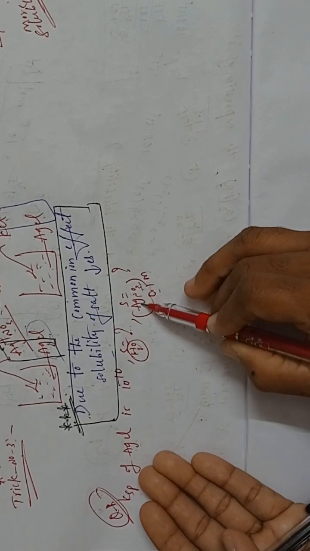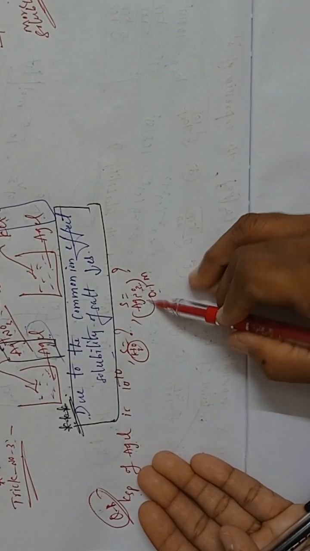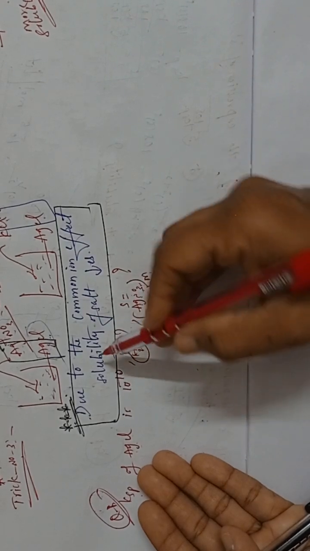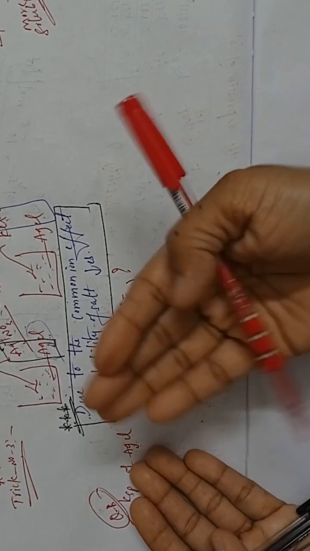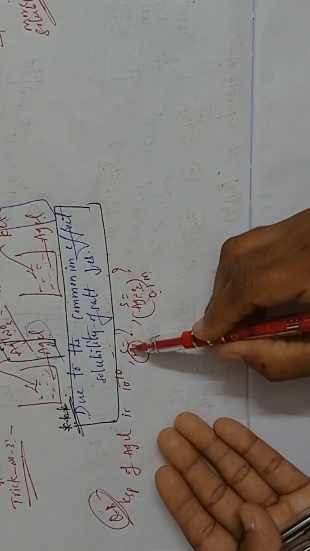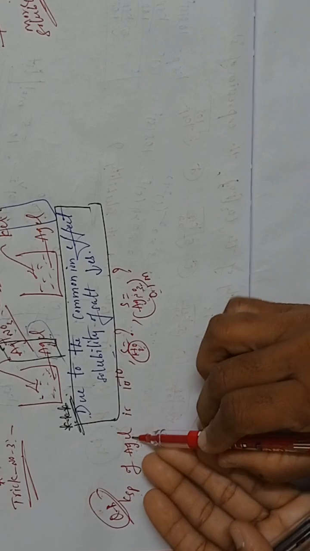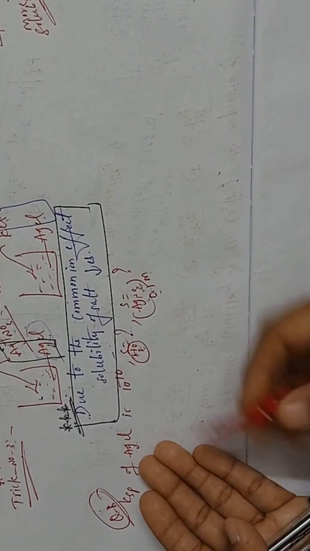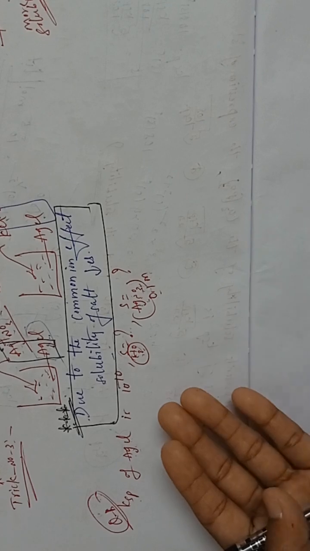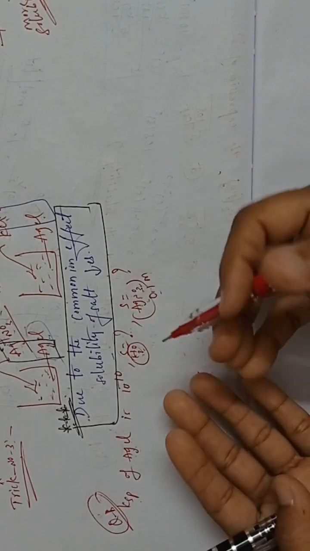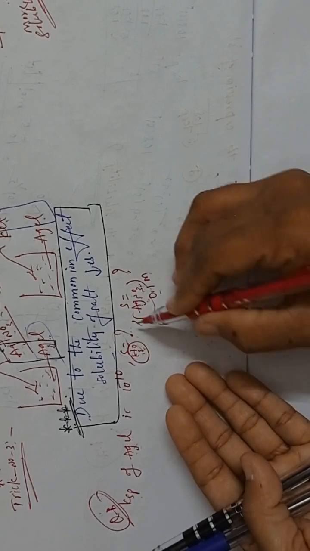Here Ag is there, a common ion is there. So compulsorily, the solubility should decrease because of this silver nitrate. So when compared to the solubility in water, this value we should get less. Because in water its solubility will be some value, suppose 10 power 4.